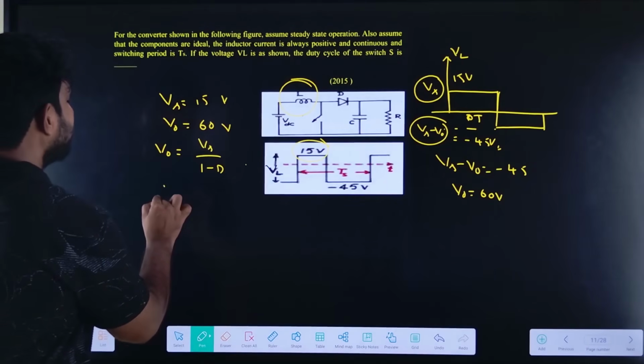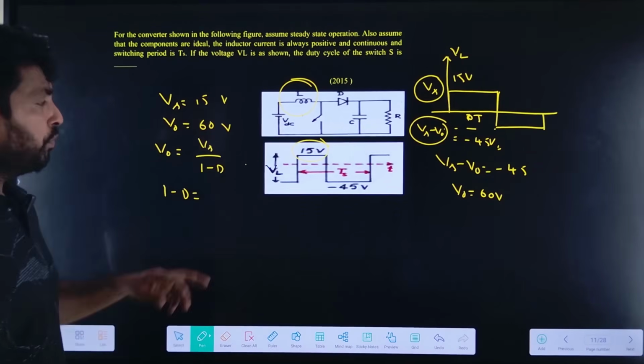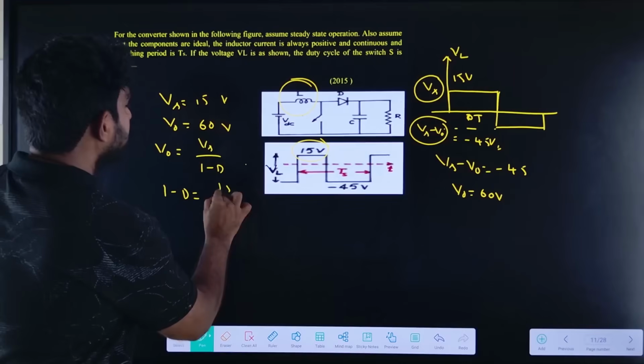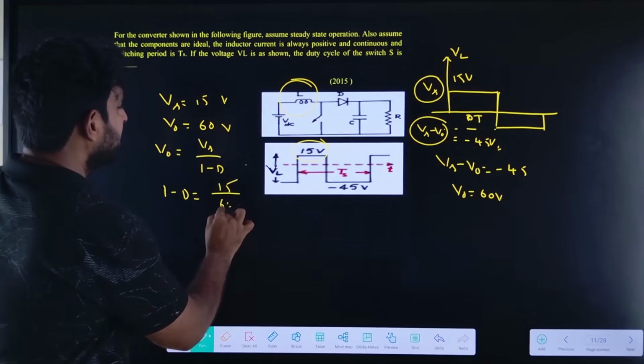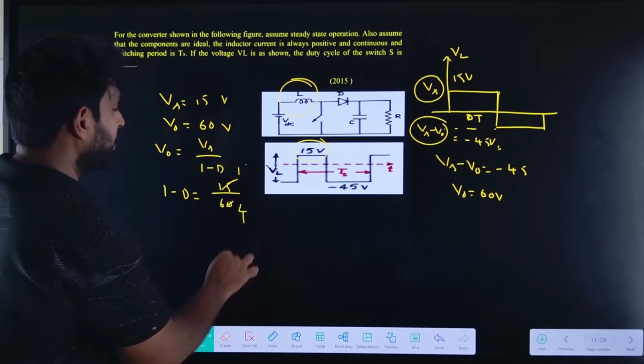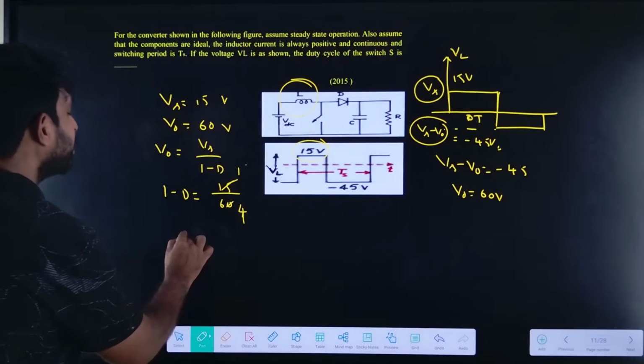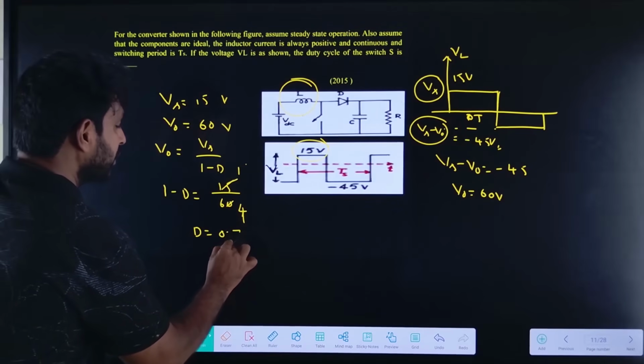So 1 minus d equals Vs by V0, which is 15 by 60, equal to 1 by 4, that is 0.25. So from that the duty cycle equals 0.75.